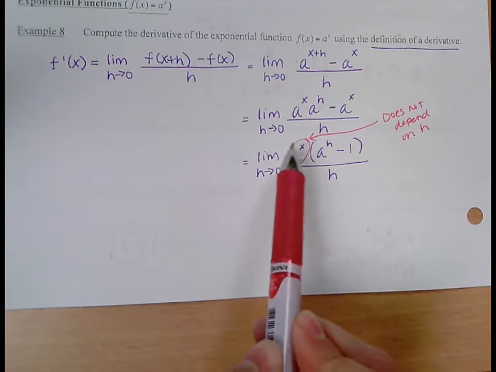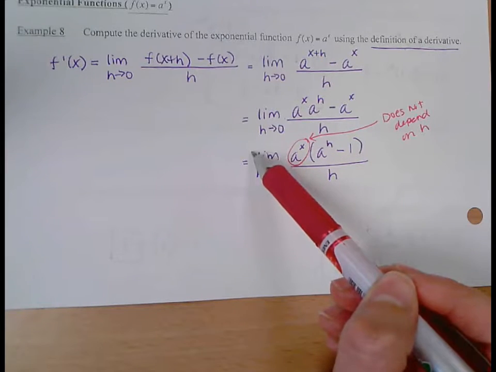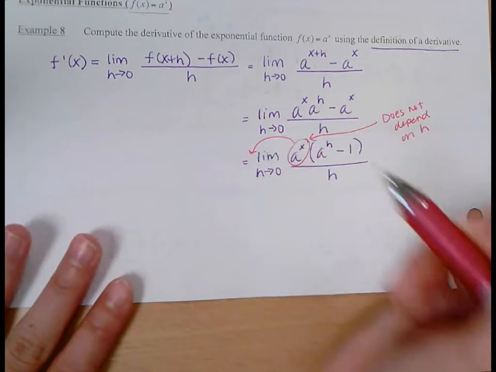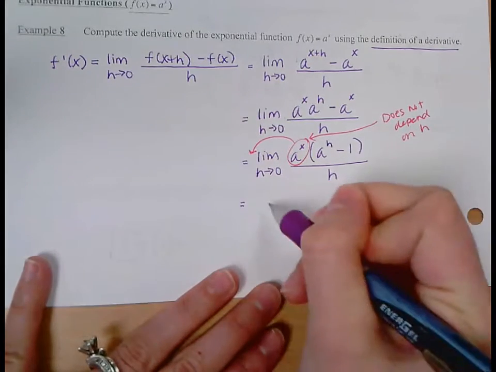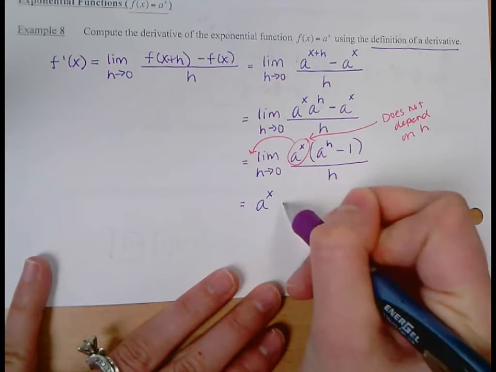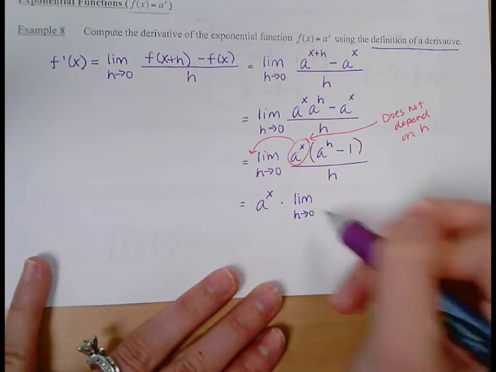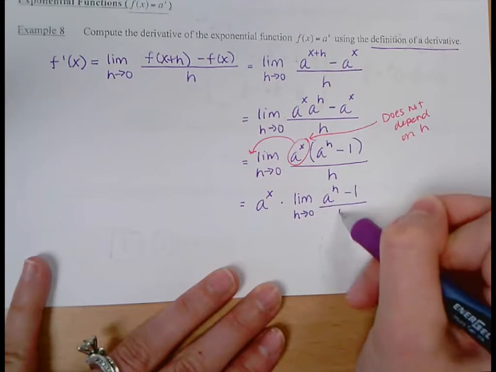So it's acting like a constant, meaning I can then write it in front of the limit. So because it doesn't depend on h, I can bring the a to the x in front. Because it's being multiplied, it's a factor of the rest. So I have a to the x multiplied by the limit as h approaches 0 of a to the h minus 1 all over h.